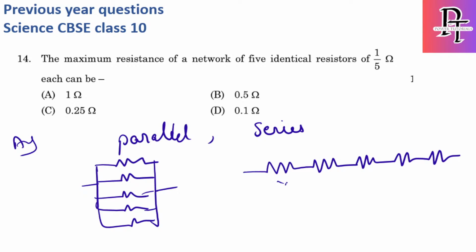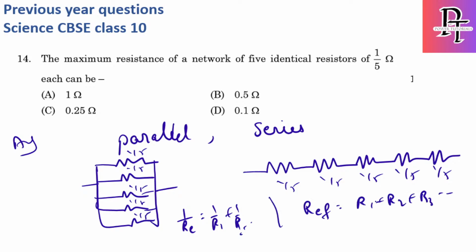So 1/5, 1/5, 1/5, 1/5, 1/5. Same way here also 1/5, 1/5. For parallel, the resultant R effective will be 1/R1 plus 1/R2 and so on, whereas for series, R effective is R1 plus R2 plus R3 and so on.